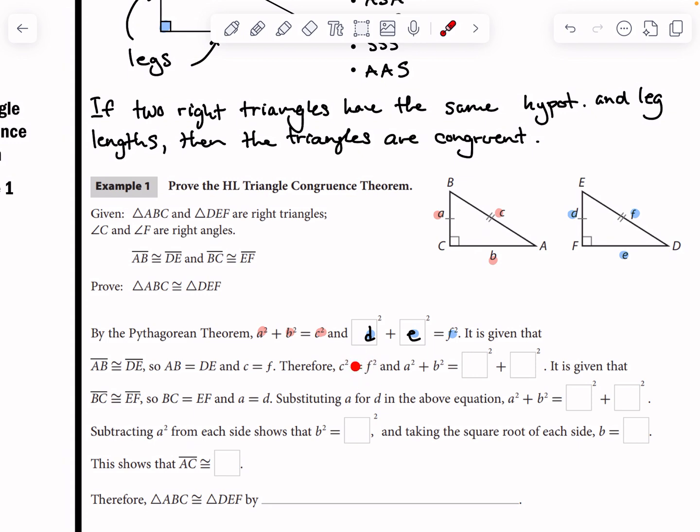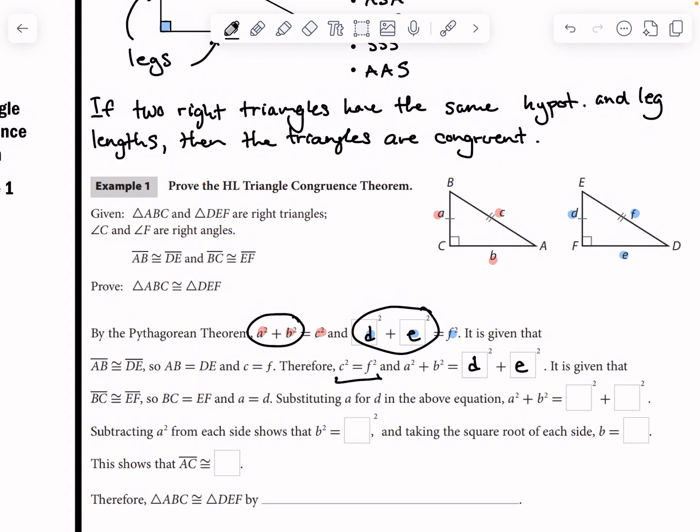If I know that these two things are equal, let me circle here. This is equal to c squared. This is equal to f squared. Since those two things are equivalent, the things I circled are equal to each other. So we have a squared plus b squared is equal to d squared plus e squared.